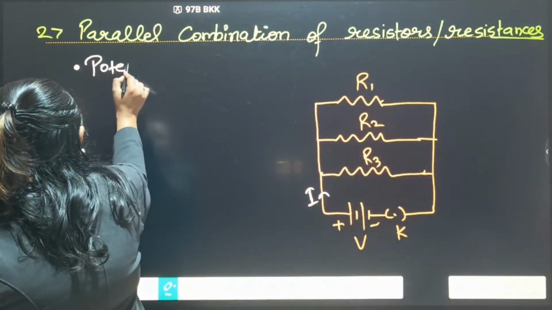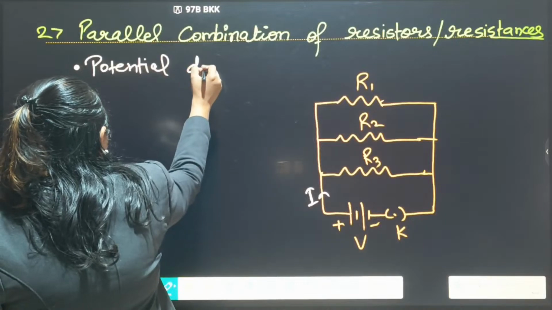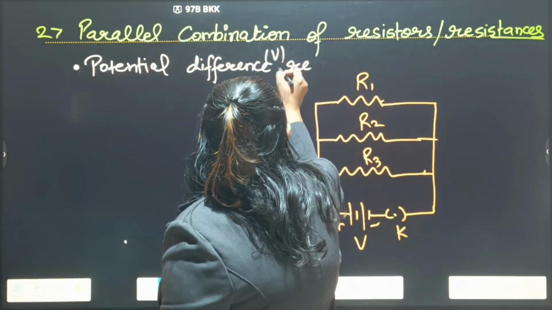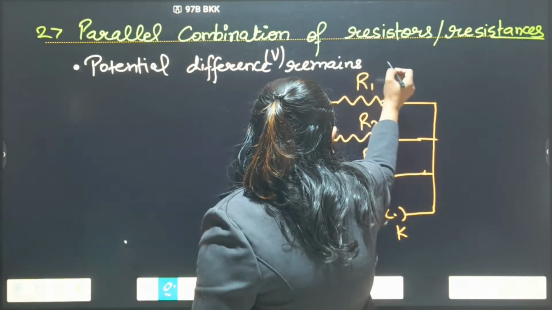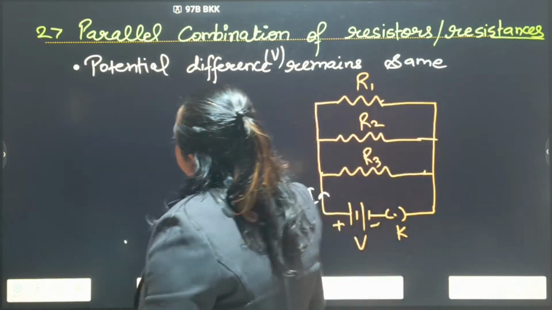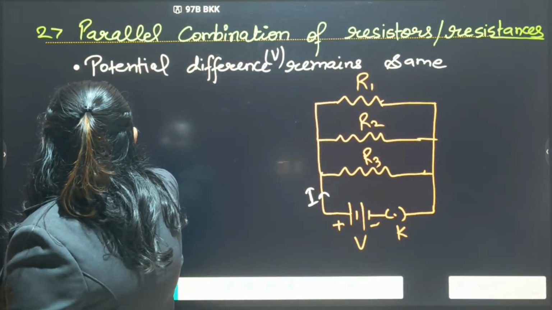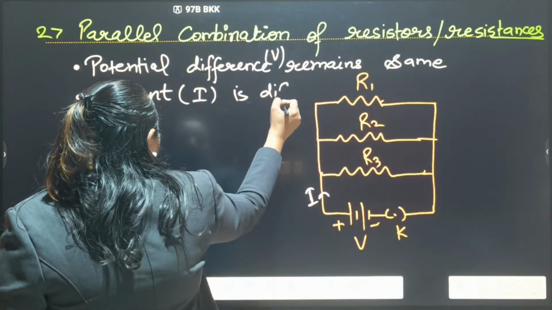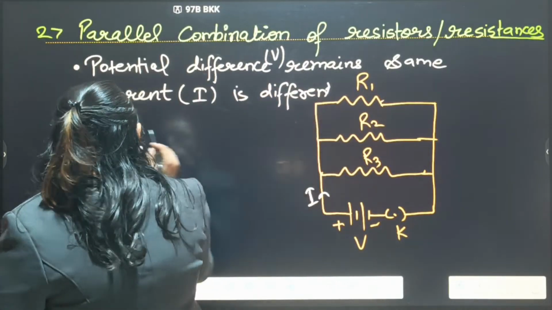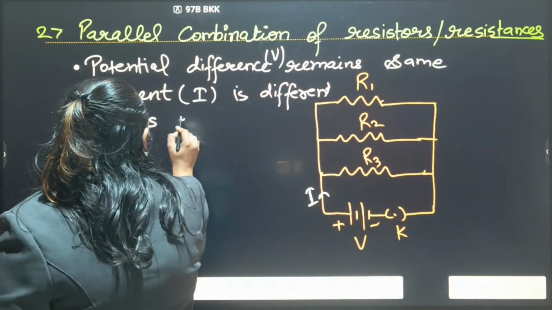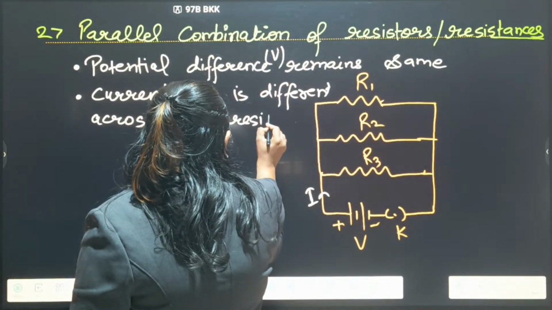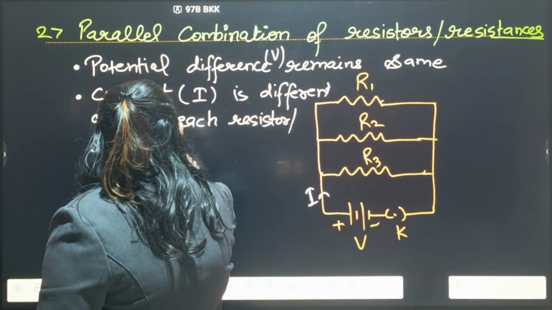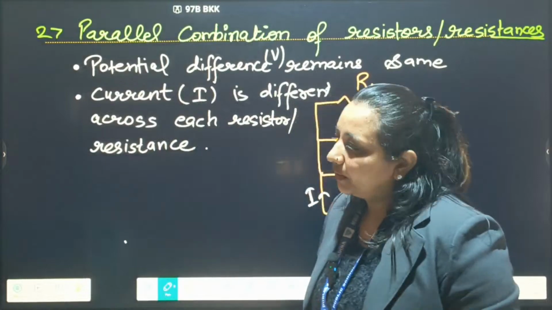So here the potential difference remains the same, यानी कि V remains the same across each resistor or resistance, and current, that means I is different across each resistor or the resistance, right?